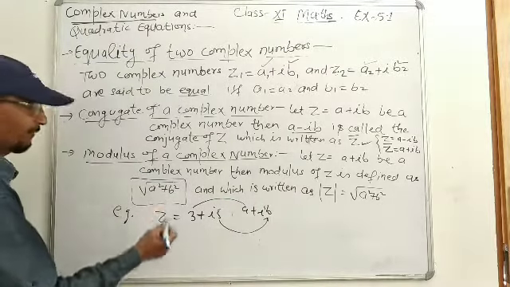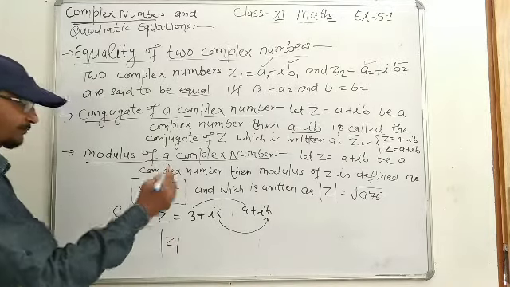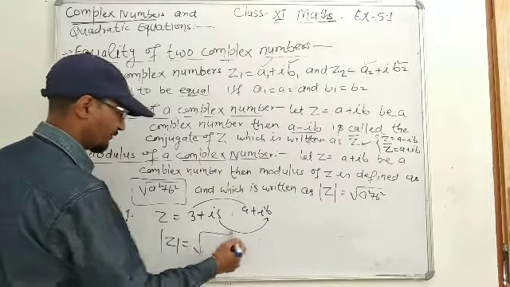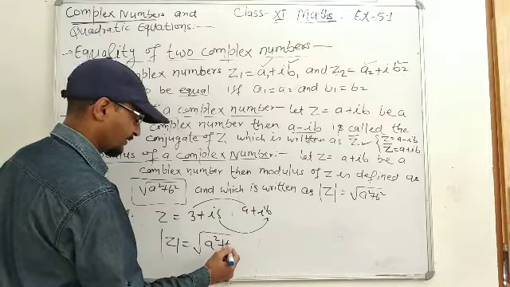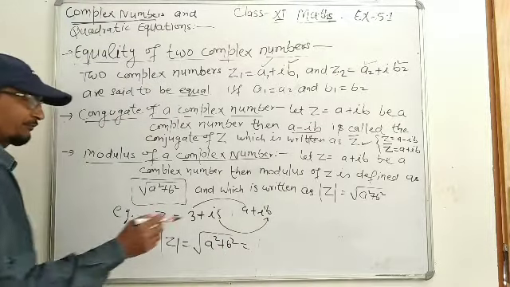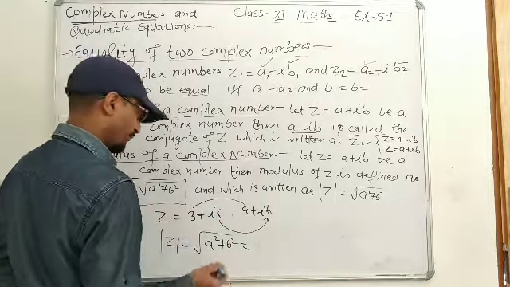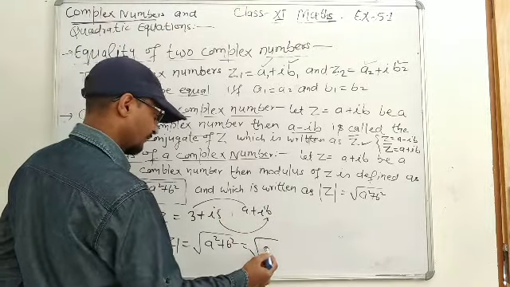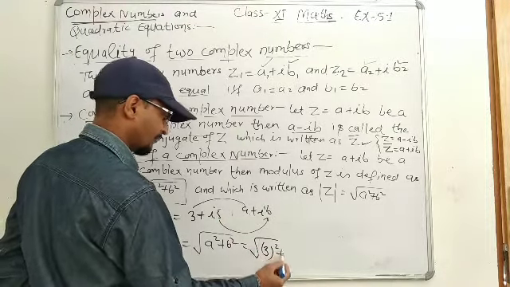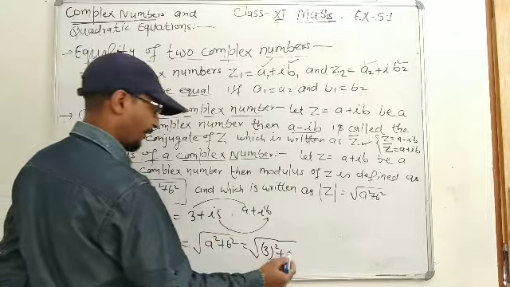So what is the modulus of this complex number? What is the formula? Root of A square plus B square. Comparing with A plus iB, we get A is equal to 3, and B is 5.